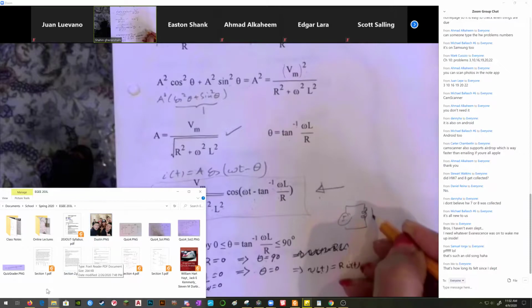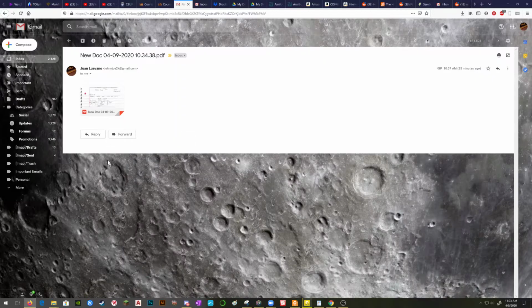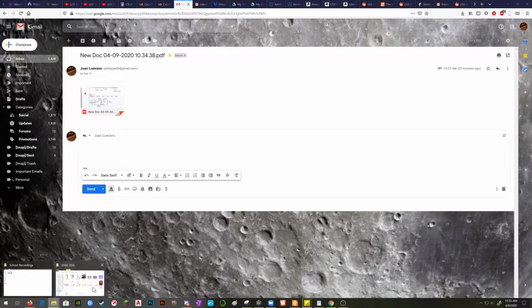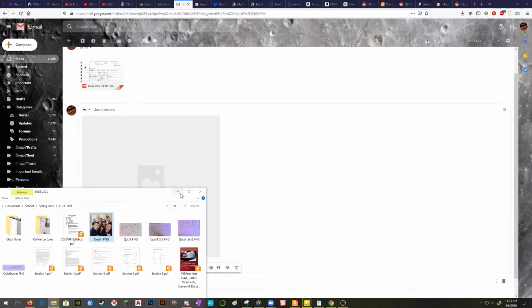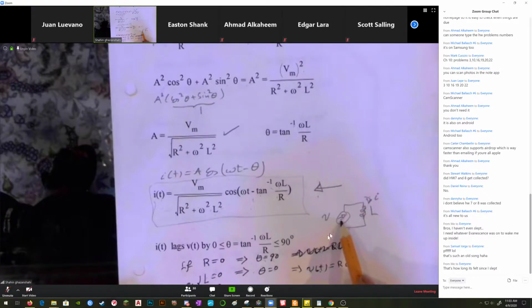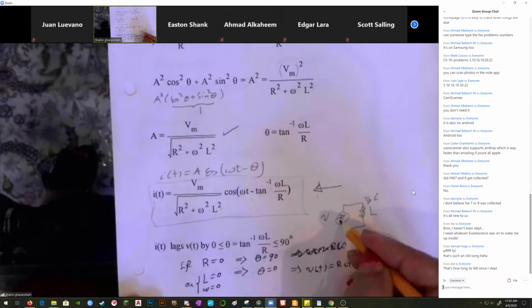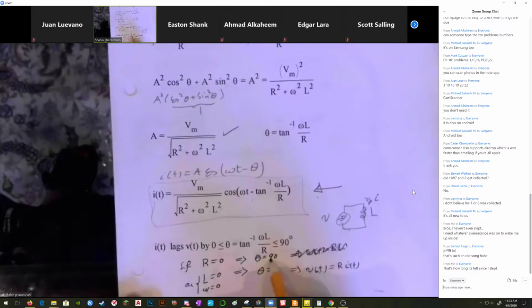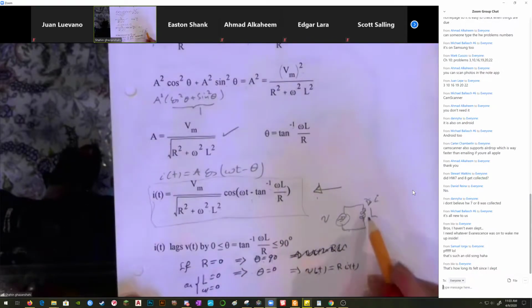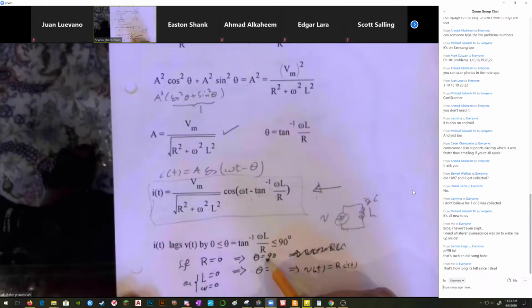So note that when you just have one inductor, just L, the phase angle difference between your current and your voltage is 90 degrees. So for inductors, the current through it and the voltage across it have a 90-degree phase difference.